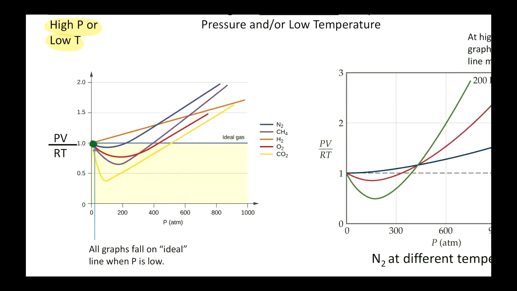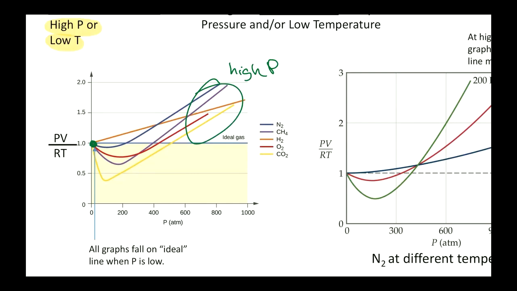But when we look at all of these gases, once we start to increase pressure, like increase the pressure to 800 atm, we see that these lines deviate a lot from ideal conditions. So we see at very, very low pressures, we fall right on that ideal line, but at really, really high pressures, we deviate either below or above it. So at high pressure, we see these real gas lines deviate, okay?